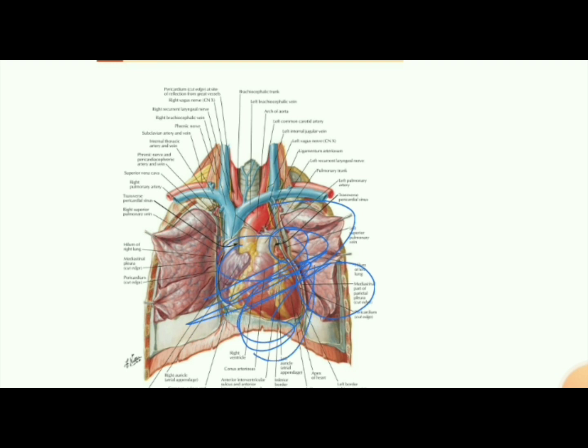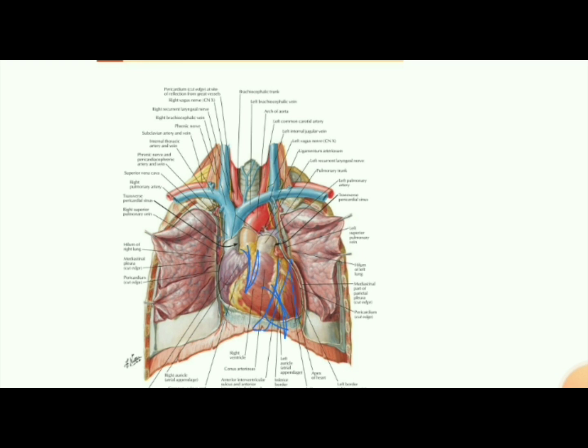The atria lie above and behind your ventricles. The 2 atria are separated by the interatrial groove, the 2 ventricles are separated by the interventricular groove, and the atria and ventricles are separated by the atrioventricular groove.